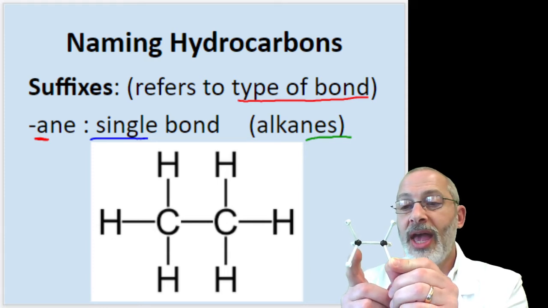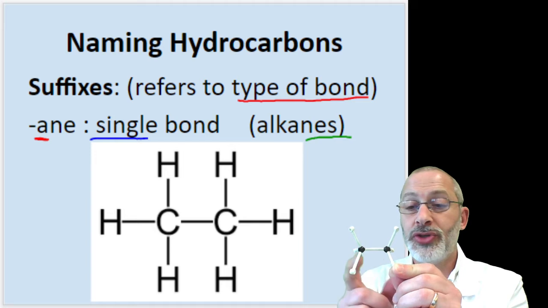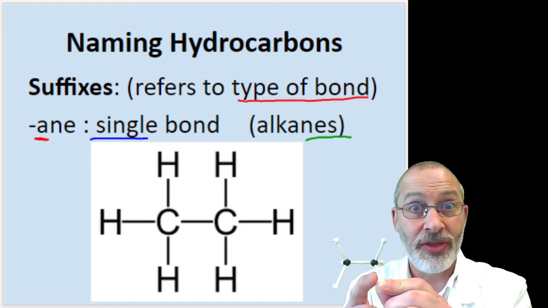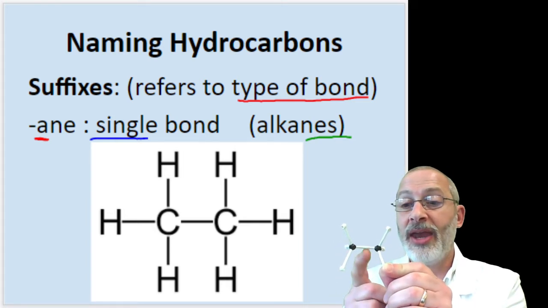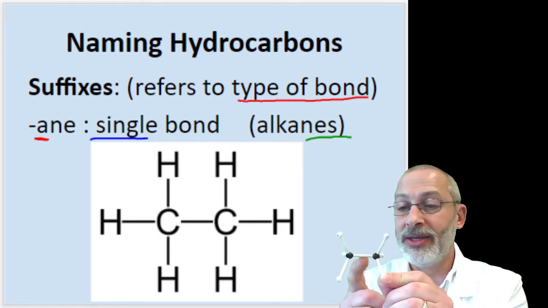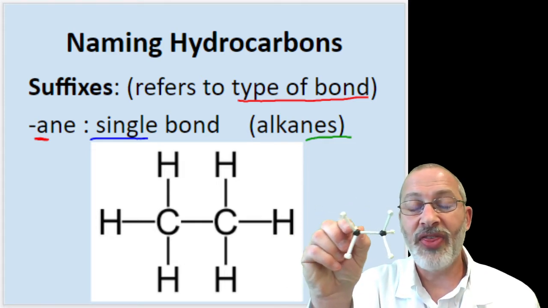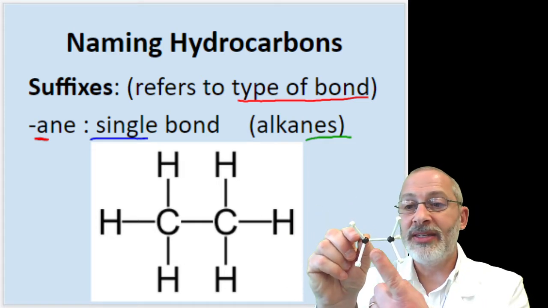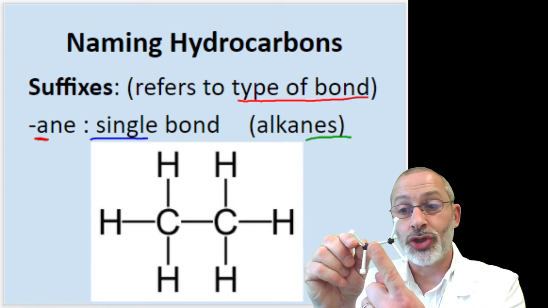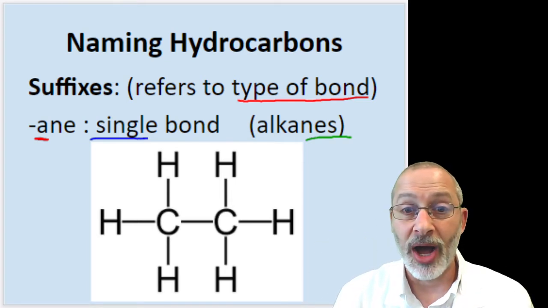So here we have 2 carbons. 2 refers to the prefix eth, and all single bonds, ane is how we summarize that. This is actually a model of ethane. Eth tells you 2 carbons, ane tells you all single bonds.